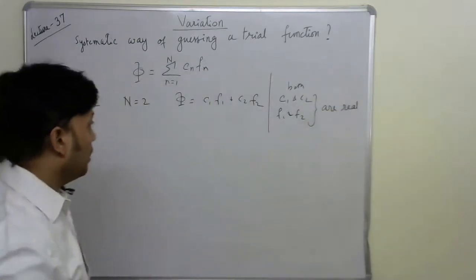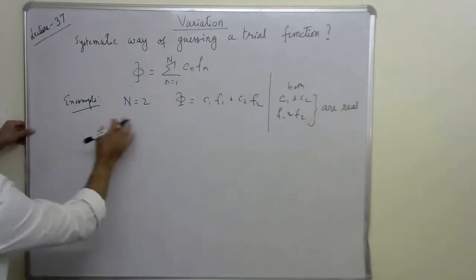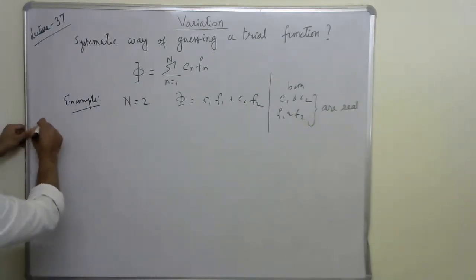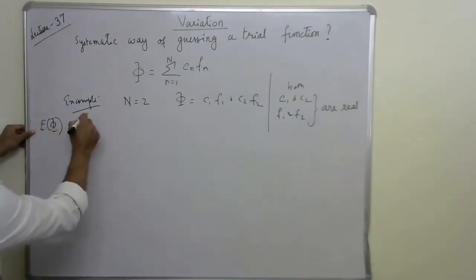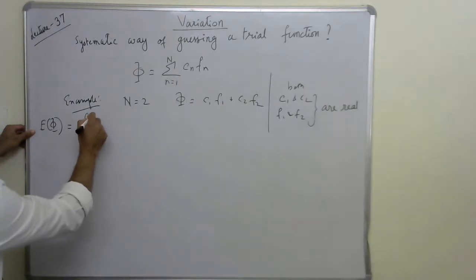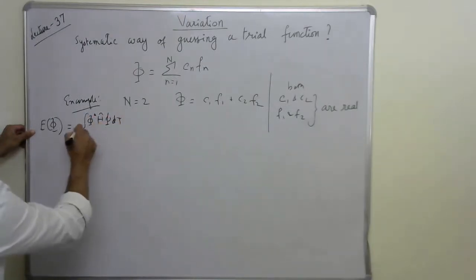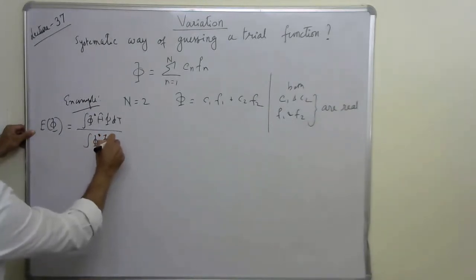Now we start to find our variational expression. E of phi is equal to the integral of phi star H phi d tau divided by the integral of phi star phi d tau.